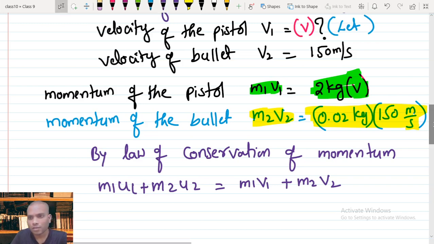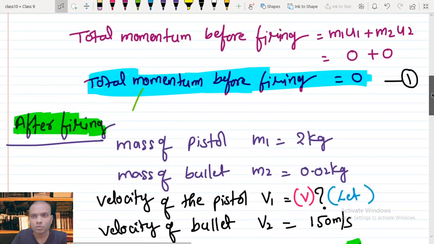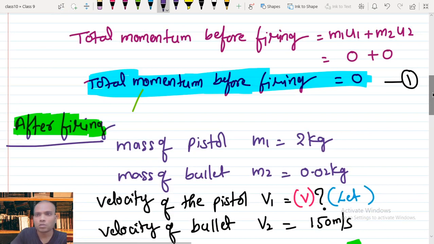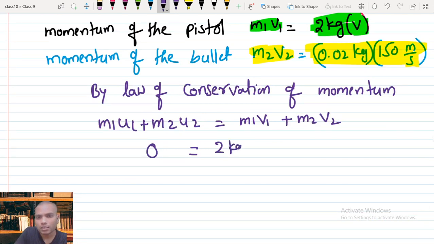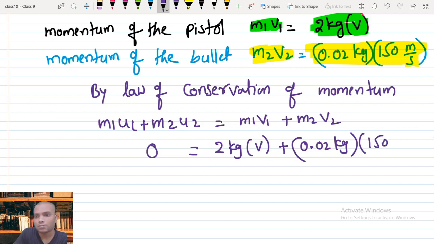So we got the values m1 u1 and m2 u2, so this total momentum value goes to 0. That value you can substitute here. So 0 equals m1 v1, here I have m1 v1, that equals 2 kg times v, plus m2 v2, 0.02 kg times 150 meters per second.